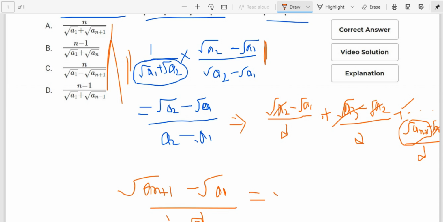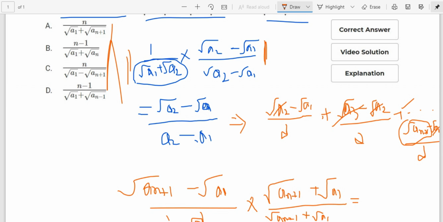So again I'm writing this: multiply under root a n plus 1 minus under root a1, sorry, rationalizing it, so minus will convert to plus, divided by under root a n plus 1 plus under root a1, isn't it?